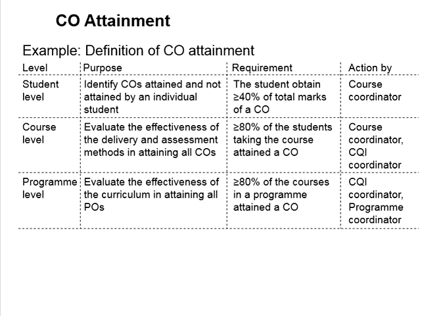Let's say we have 3 COs in the course. If the outcome ends up with all COs fully attained by the students, or if the outcomes always end up with all COs not attained by the students, that may not be the best condition for the course. Because the purpose here is that we want to improve the effectiveness and delivery of the course.